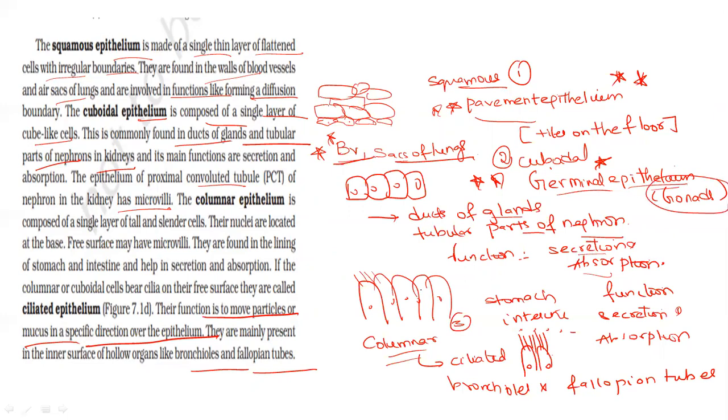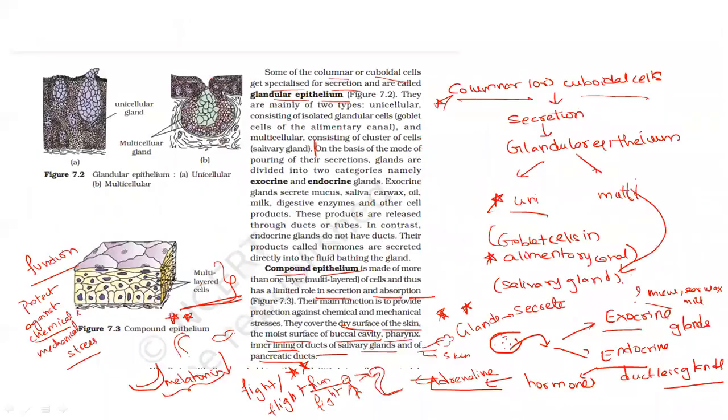All right, now we have columnar epithelium. We can see that in the stomach and intestine, and if it has hair-like structures, it is called ciliated columnar epithelium. The main function of the cilia is basically to make sure that some substance moves in a particular direction.